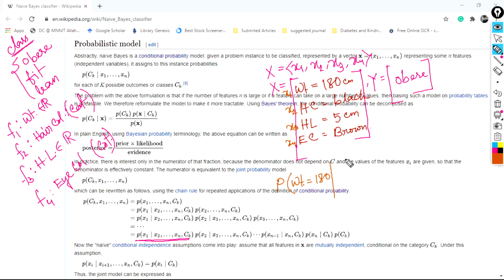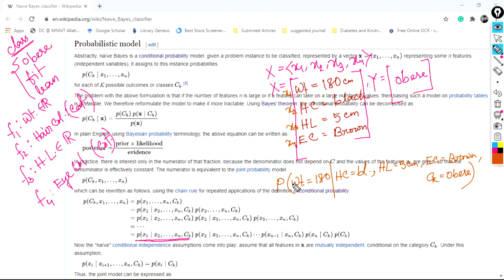Let's first write this down in a mathematical way, then we will understand it in plain English. So the probability of weight given hair color is black, hair length 5 centimeters, eye color brown, and our class label, let's take Ck, obese.